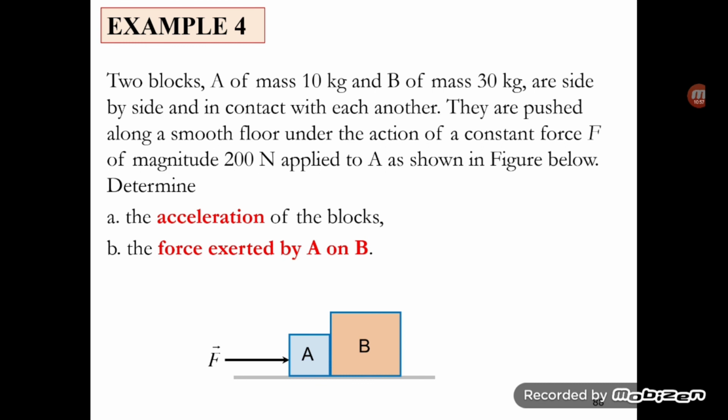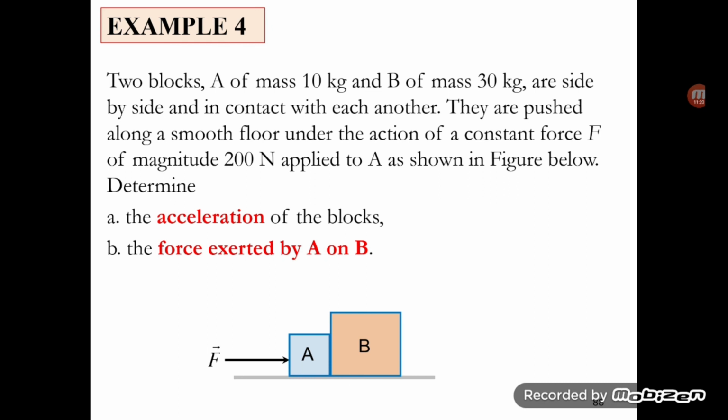They are pushed along a smooth floor under the action of a constant force F of magnitude 200 Newton applied to A. Determine A, the acceleration of the blocks, and B, the force exerted by A on B.